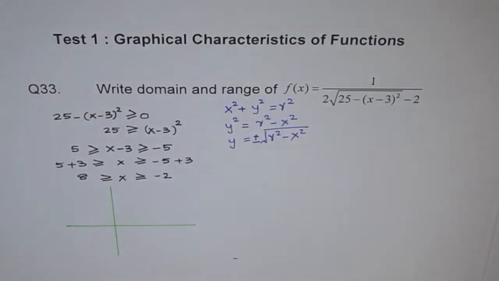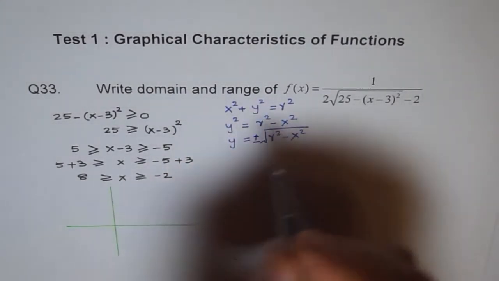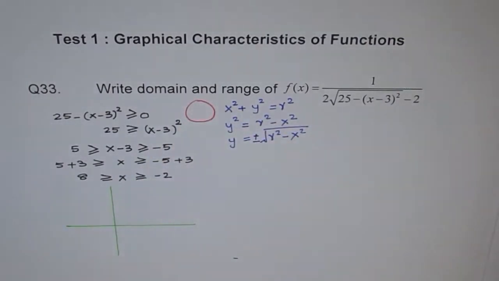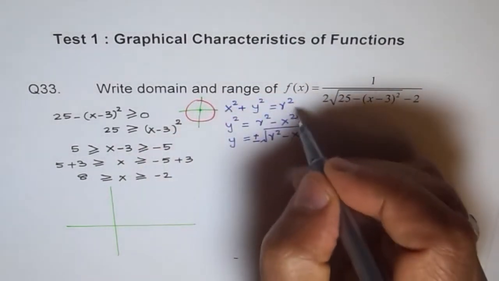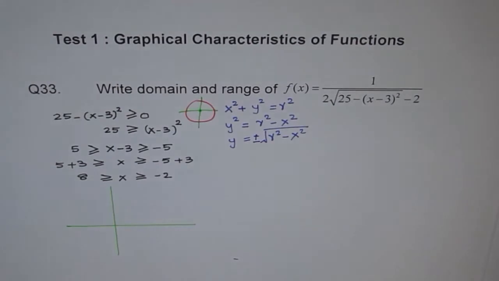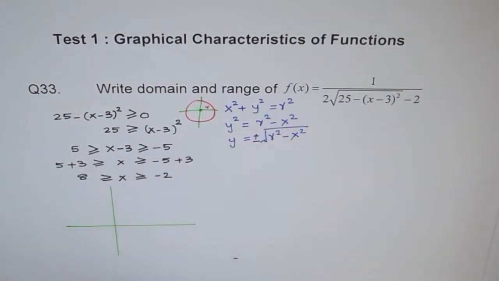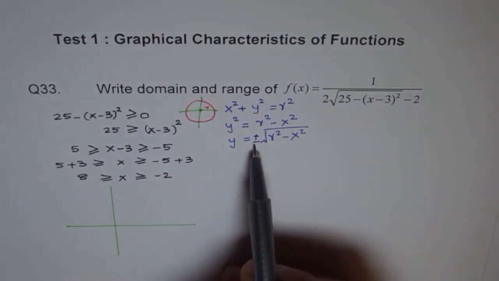x squared plus y squared equals r squared is actually a circle, correct? This is a circle whose center is at (0, 0), right? And the radius is r, correct? Now you can write this as the square root with plus minus.